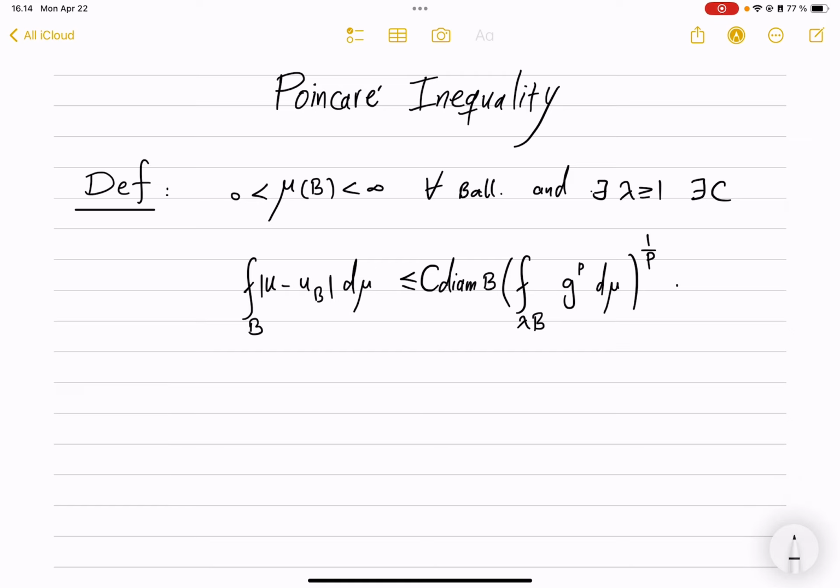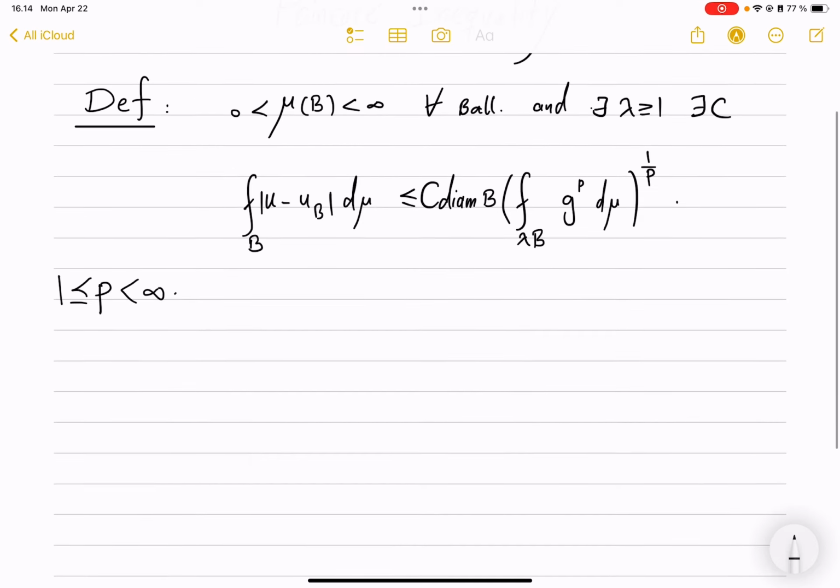So if this property holds for all u and its upper gradients in a space, we say the space has the p Poincare inequality, and in all cases p will be bigger than or equal to 1 and strictly less than infinity. A consequence of Hölder's inequality is that the average, this is actually one of the easy ways to remember Hölder's inequality in case you take one of your functions to be equal to 1.